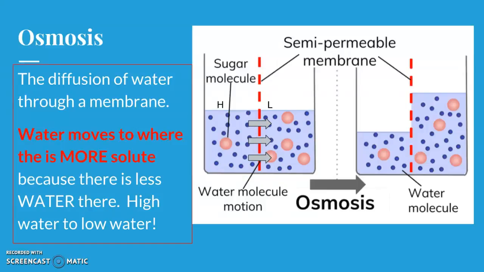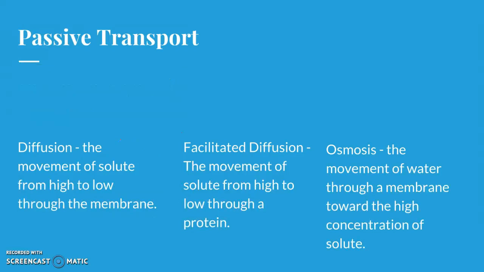But when water moves, it's easiest to remember that water goes where there's more solute because there's less water there. And so we're going to move over towards the higher concentration of solute simply because there's less water there. And when that happens, you can see in this image, the water level goes up in one way and down in the other to help equal out the concentration.